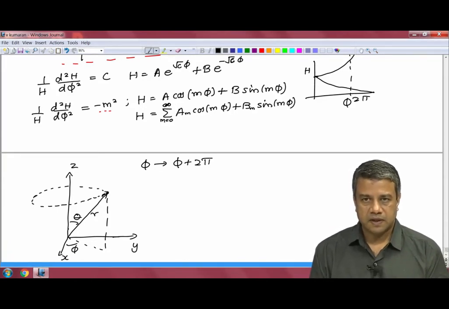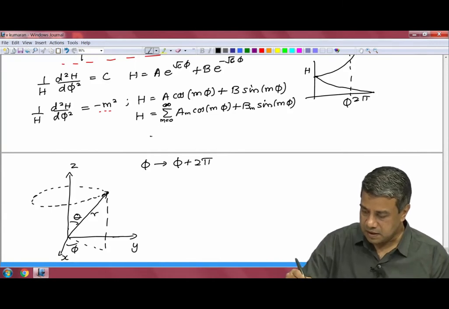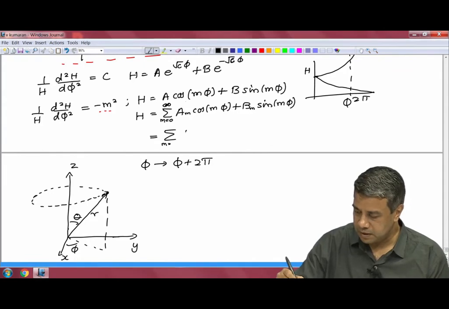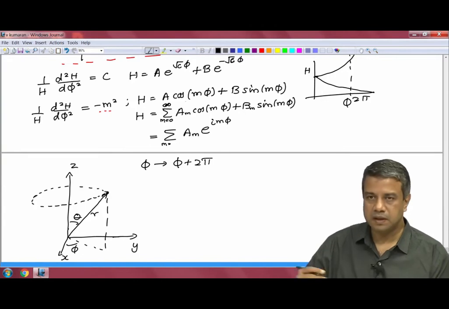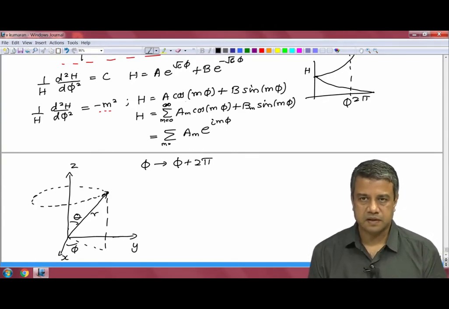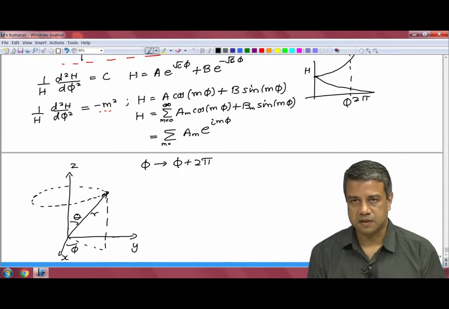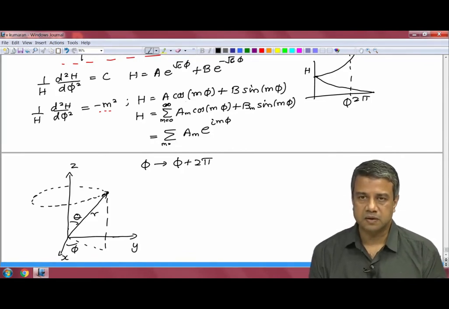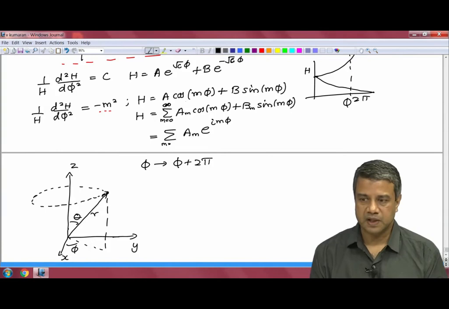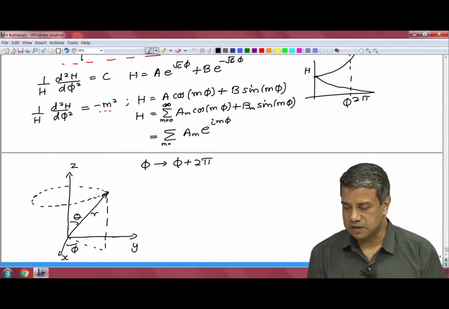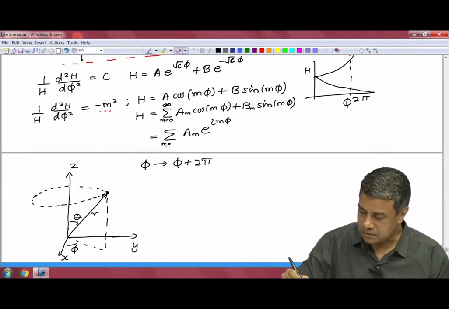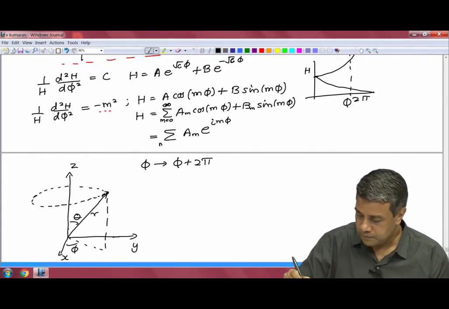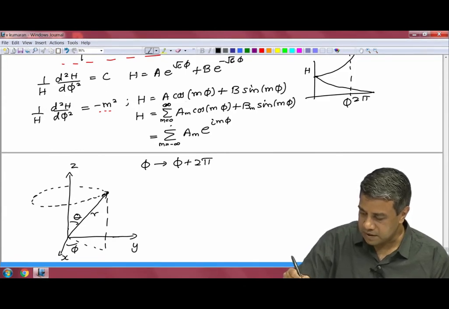An alternate way of writing this is to write it as e power I m phi. The real part of this is the cos function, the imaginary part of this is the sine function. Therefore, by choosing a suitable complex coefficient a m, I can recover these two functions cos m phi and sin m phi. However, in this case m has to go over both negative as well as positive values.